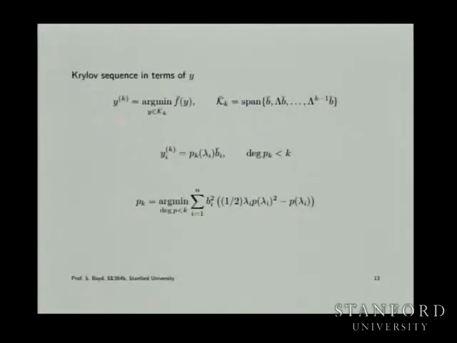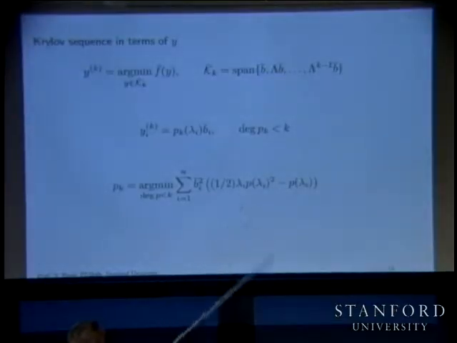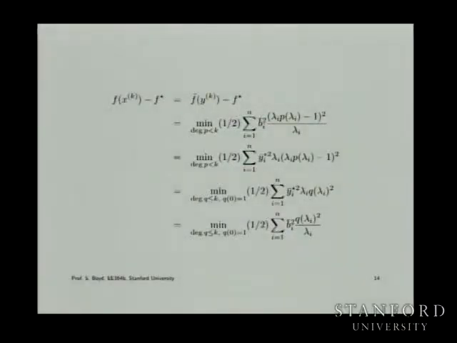So pk is, one way to say it, the polynomial of degree less than k that minimizes this sum. And notice it's got some non-negative weights here. And then over here you can kind of see what's going on. If you look carefully at this, p should look like 1 over lambda or something like that to make this work well.